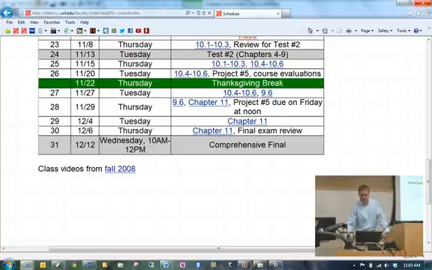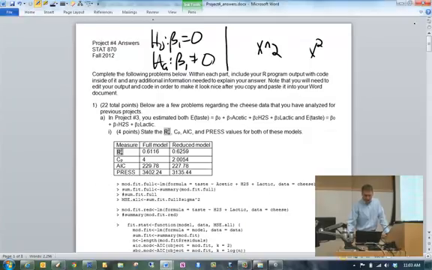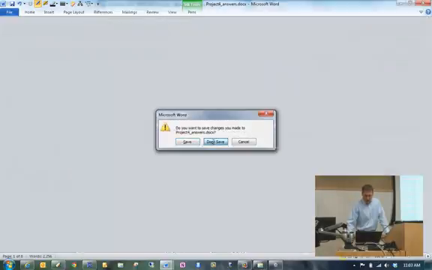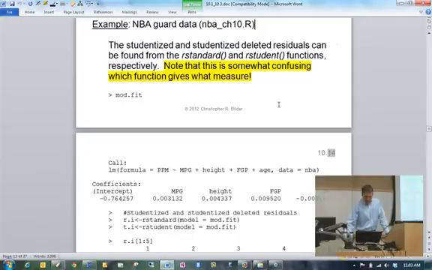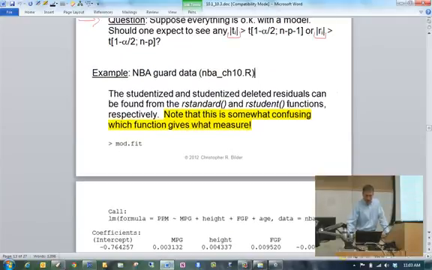Okay, if there's no questions then, let's take a look at where we left off in the notes, which was page 1013. So last time I introduced 2 measures that allow us to try to find outliers.